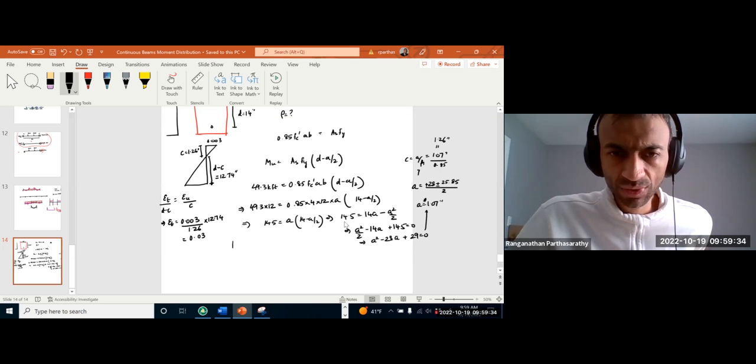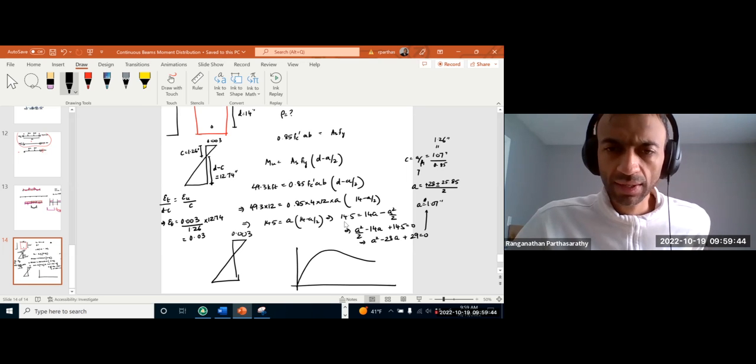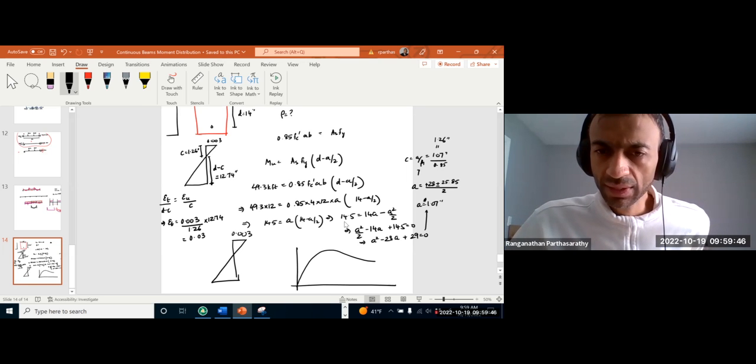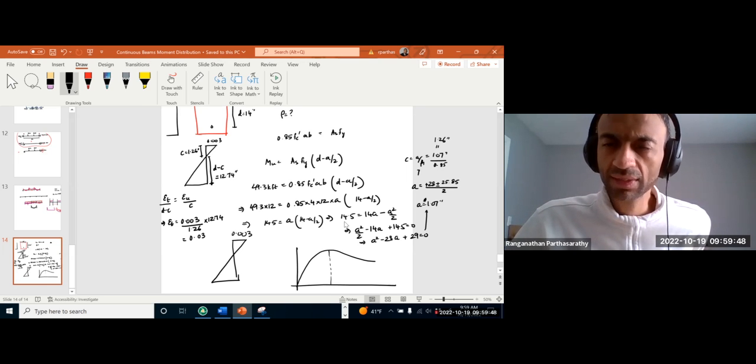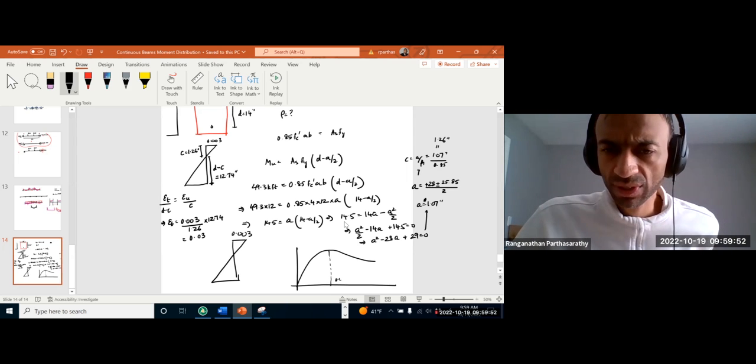This is in the stage where concrete is crushing. So concrete strain is 0.003. If we look at that Hognestad curve, this is the peak, and over here the strain is 0.0038. We are a bit before that, at 0.003.